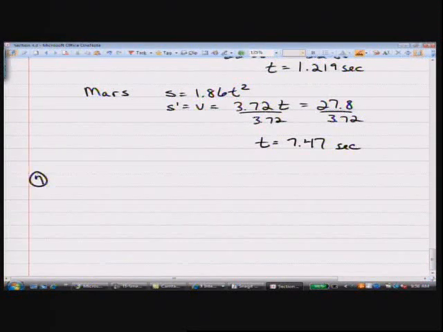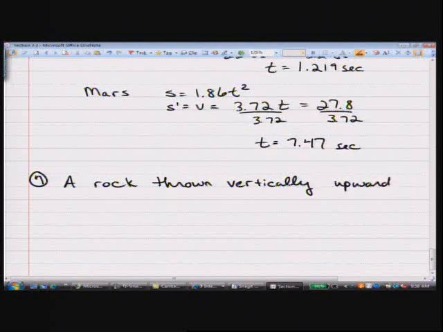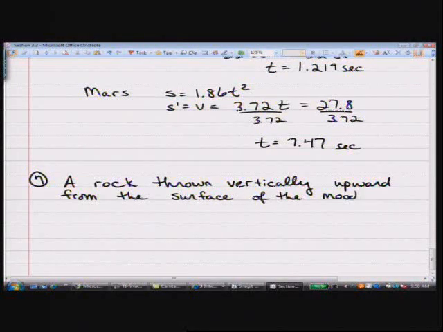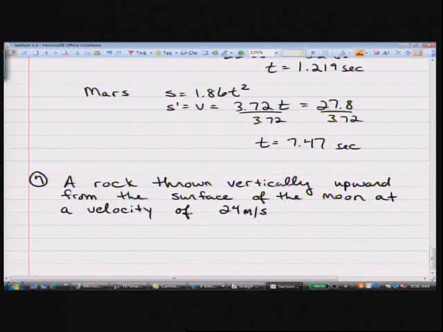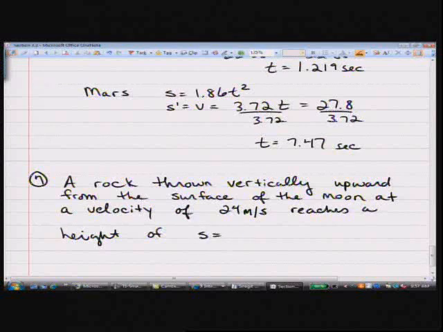Okay. Number 7. A rock thrown vertically upward from the surface of the moon at a velocity of 24 meters per second reaches a height of s equals 24t, that's where your velocity comes in, minus 0.8t squared.